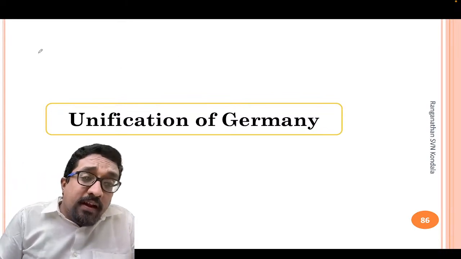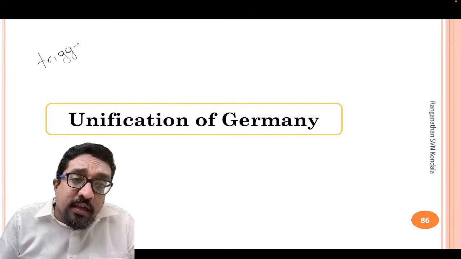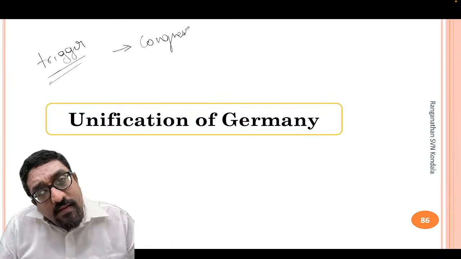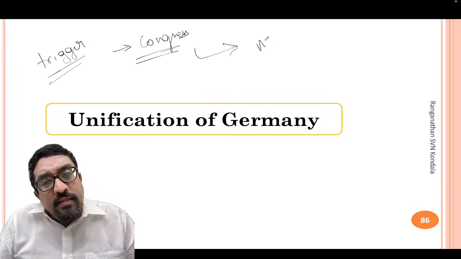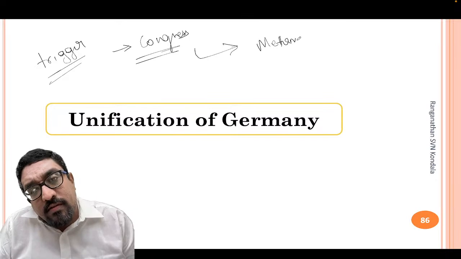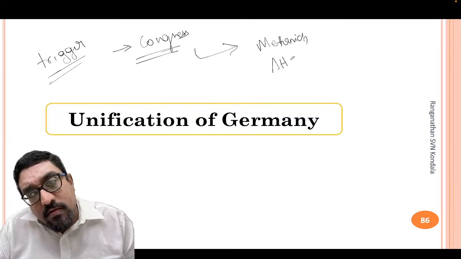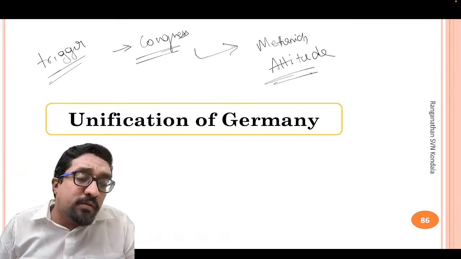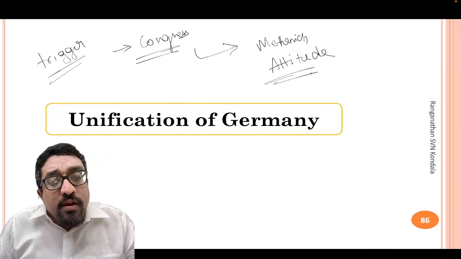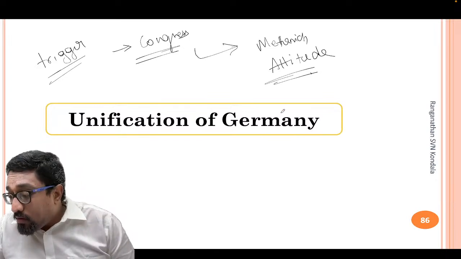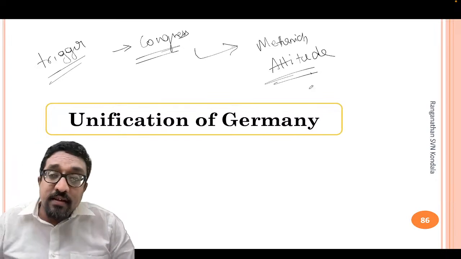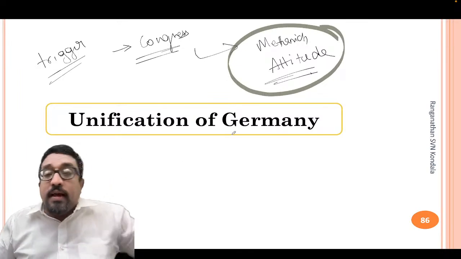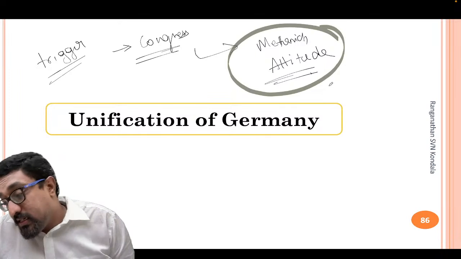And in a way, what was the trigger for Italian unification? Wasn't it the Congress of Vienna? Particularly the Metternich attitude, where they kept saying that Italy is nothing but a geographical expression and nothing more. The more people said that, the more Italians felt, we are Italy, our Italy.